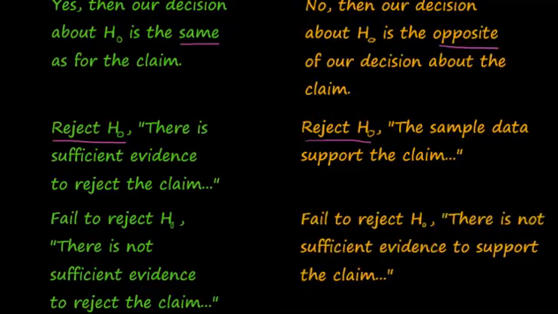If we fail to reject when they do not correspond, then there's not sufficient evidence to support the claim. So we cannot reject H0, therefore we don't have evidence to support the claim. The opposite response here. Okay, so if we fail to reject H0, in other words, we don't have evidence to reject it, here we don't have evidence then to support the claim.